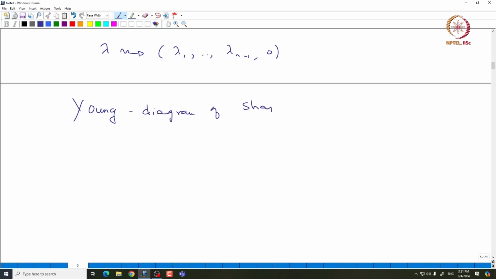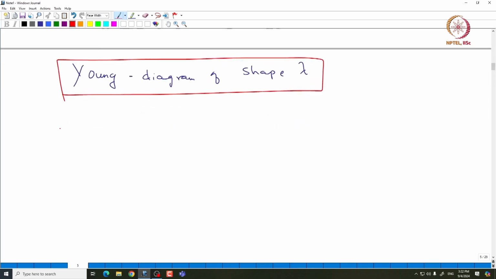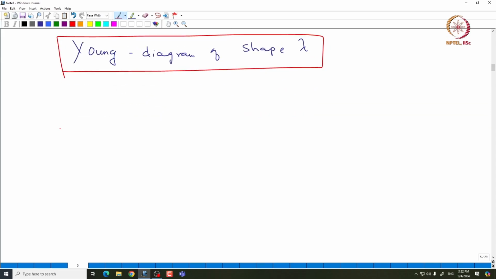There is a very formal definition of this in terms of subsets of Z cross Z, but let's take the more diagrammatic interpretation, which will be more helpful. We will think of this Young diagram as a collection of boxes arranged in left-justified positions with lambda i boxes in the ith row.